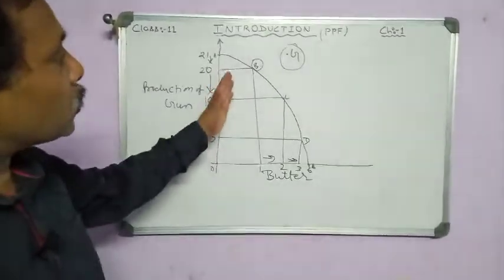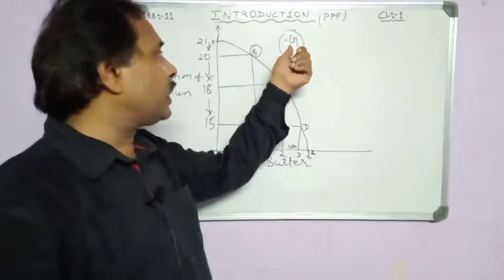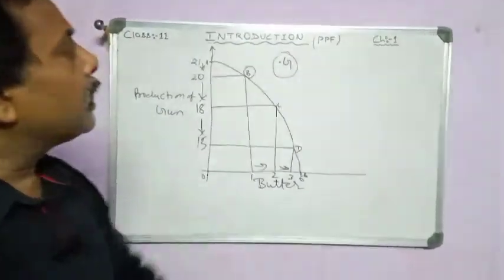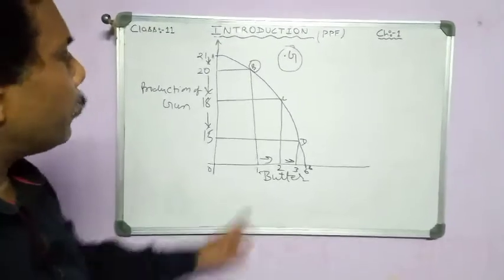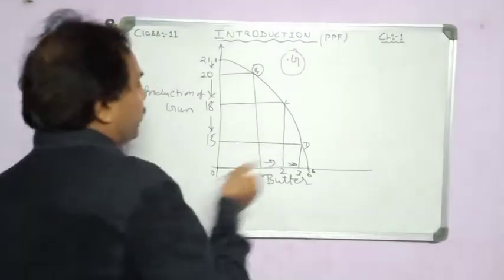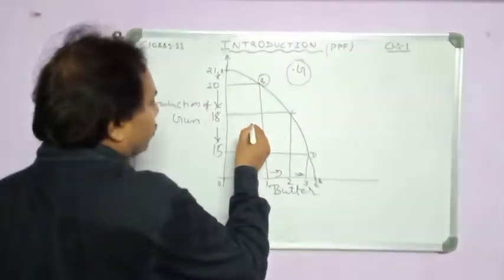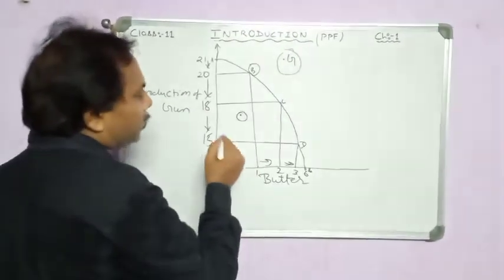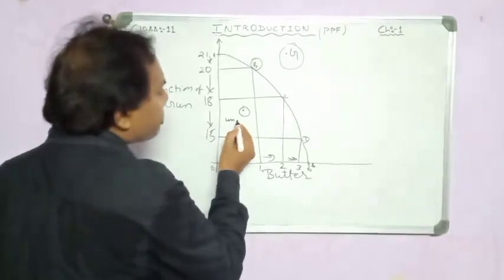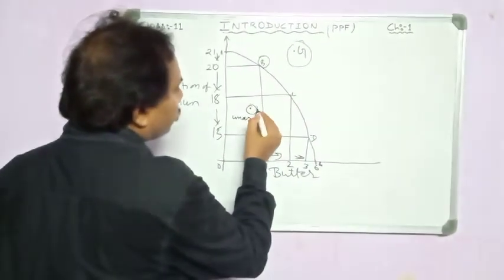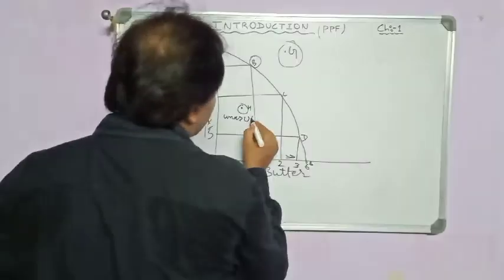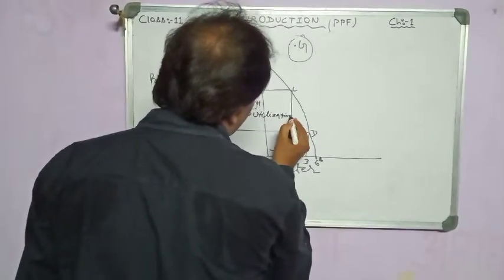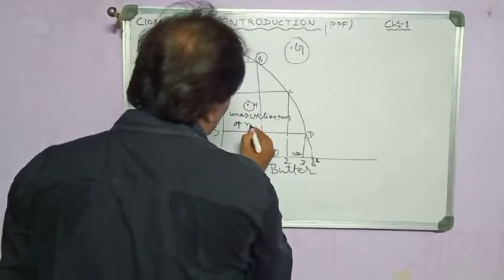So unless the resources increase, we are unable to reach this point, and that's why it is known as unattainable point. Or any point which lies inside the PPC is known as underutilization of resources.